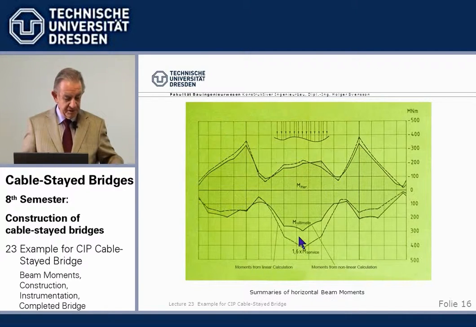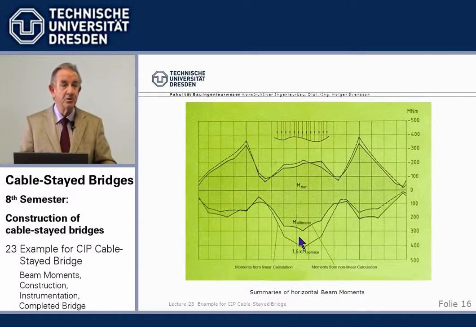In addition to all these huge computer calculations, the client said, well, that's all very nice what you calculate there, but we want to see it in detail, hands-on. Beautiful. So we had to make a full model, scale 1 in 200, about 2 meters long, dynamically correct, which is not simple, and put it into a wind tunnel.